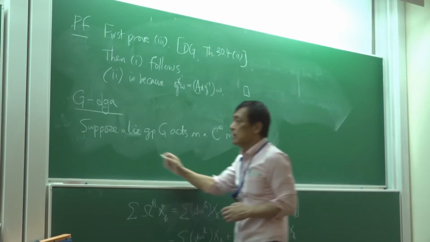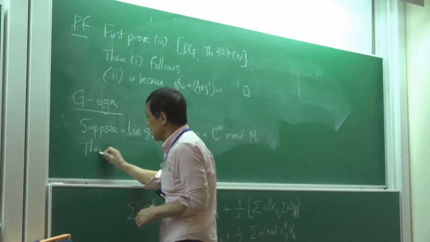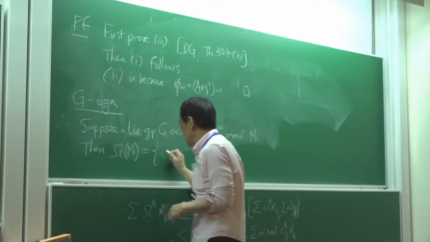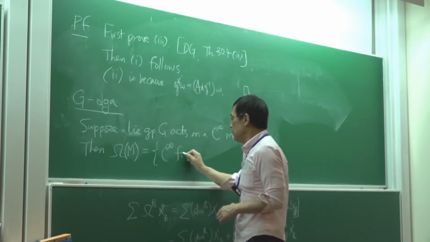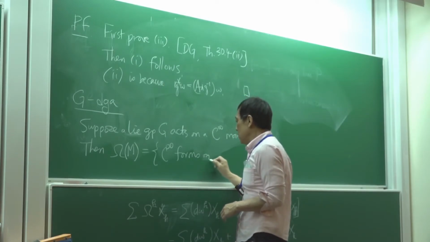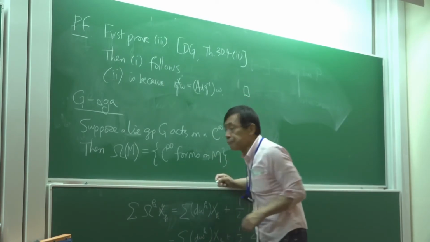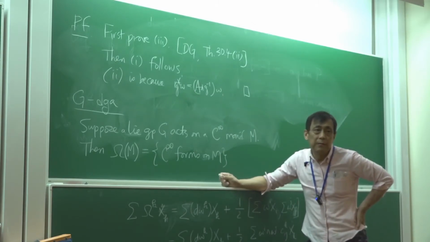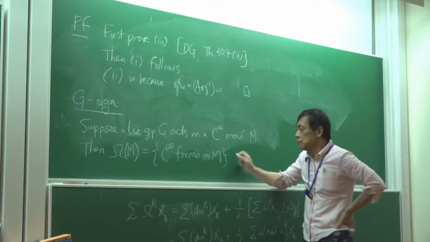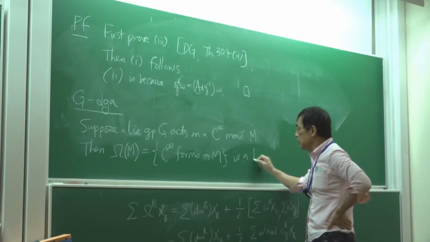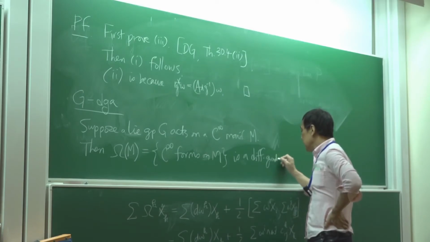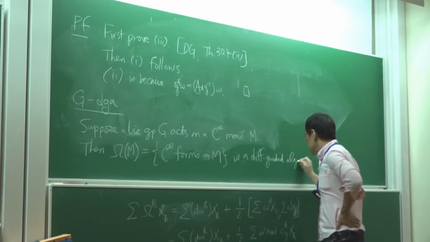Then the C infinity forms on M has a differential, it's graded, and it's an algebra. So it is a differential graded algebra.